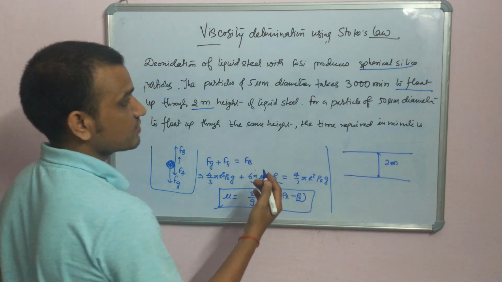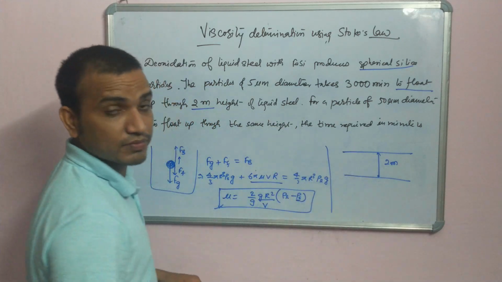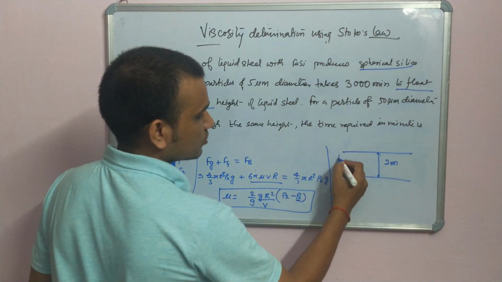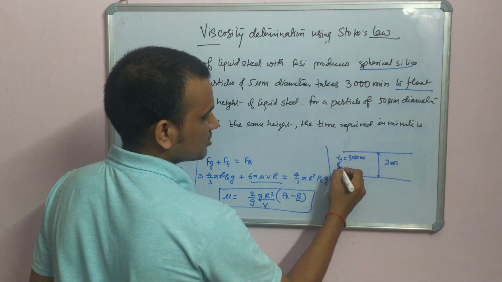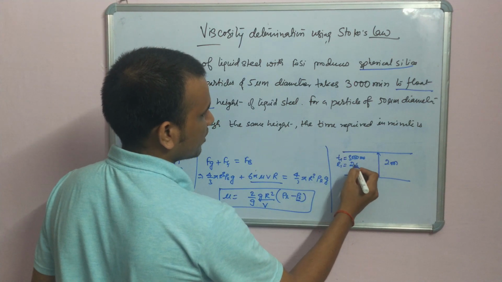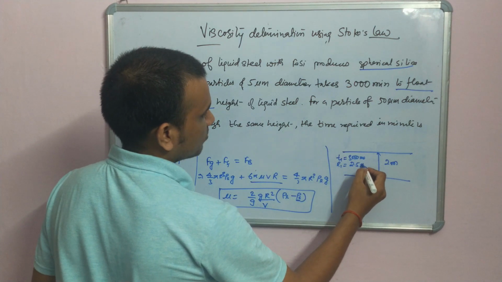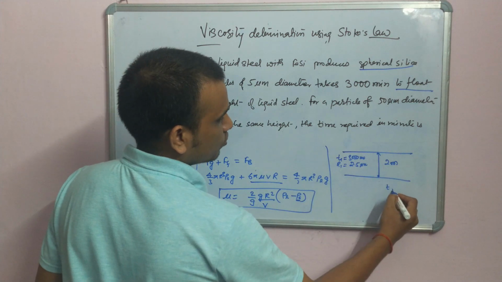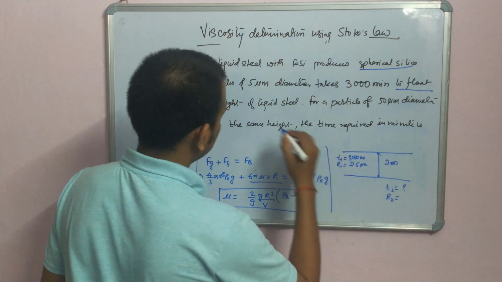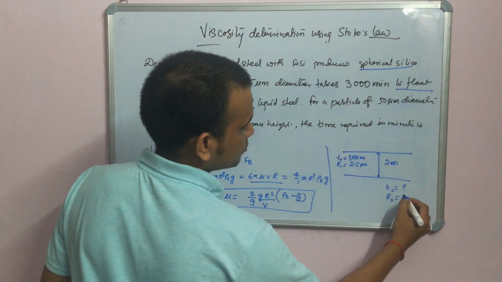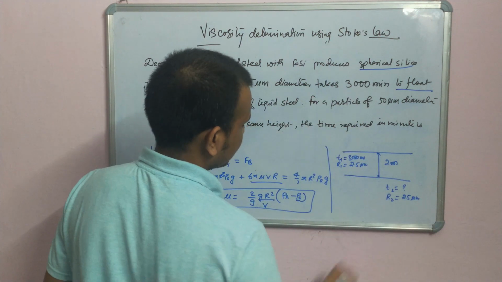In the first case it takes 3000 minutes, so T1 is 3000 minutes and radius 1 is 2.5 micrometer. T2 we have to calculate, and radius 2 is 50 diameter, that means 25 micrometer.